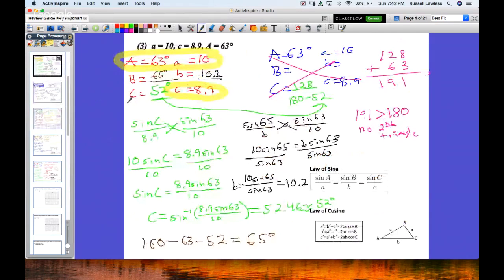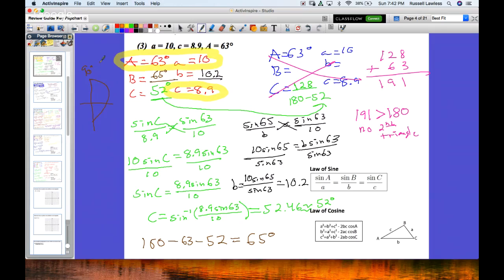For the first case, we were given the numbers in red, and so we had to find the 52 degrees here. We found 52 degrees by doing the law of sine. To check and see for the second triangle if it exists, we will always do 180 minus 52 degrees, because sine inverse is limited to 90 degrees. It'll never give you an obtuse angle.